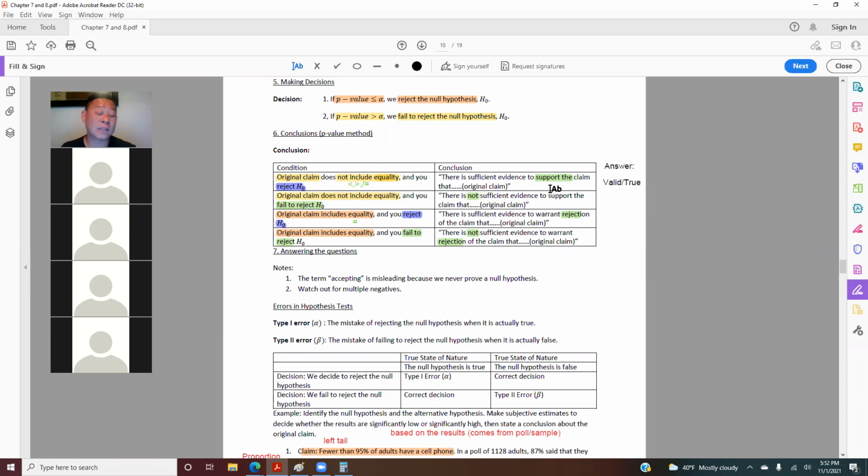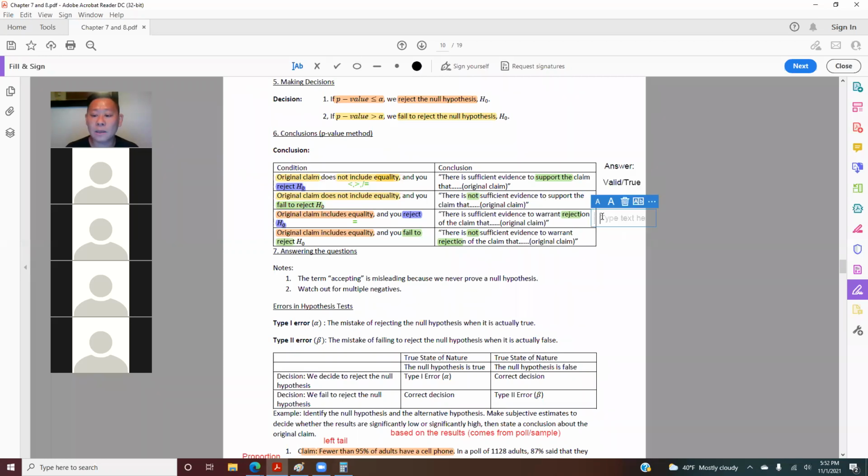Because you are supporting the claim, that means your claim is true or valid. If you do the second conclusion, because you are not supporting the claim, your claim in this case is either invalid or false or wrong or something else.